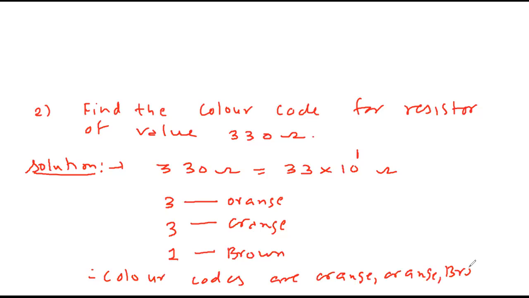Third band is brown. And fourth band no color because tolerance is not given. Or just write this much. That's it. Orange, orange, brown. If fourth is not given then you leave the tolerance band empty, we do not know which it is. Have you followed now? Please solve.